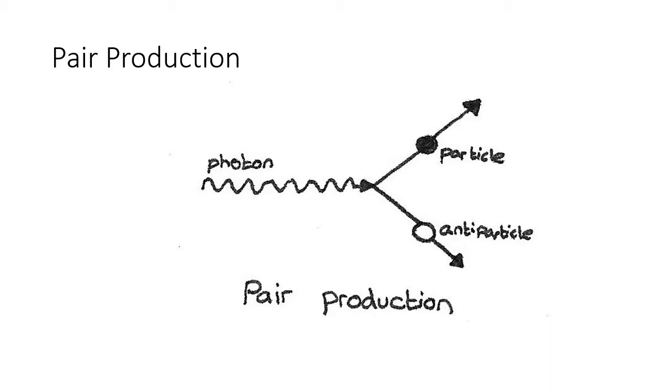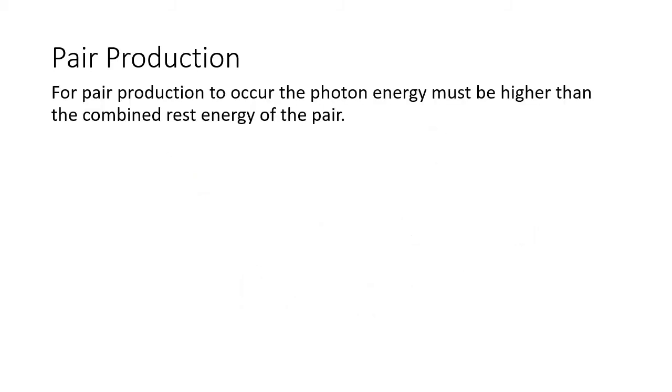Our photon really needs to be a higher energy than the rest energy of the two of them, because if it's the same energy, they wouldn't have any KE and they would instantly annihilate, and so therefore it wouldn't really happen. So the photon has higher energy than the combined rest energy of the two of them, which is what that says.